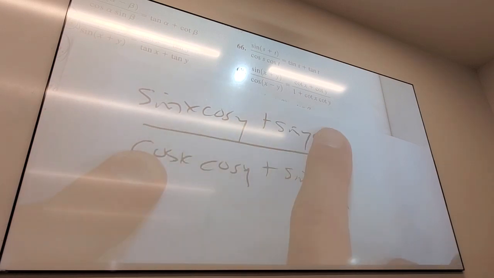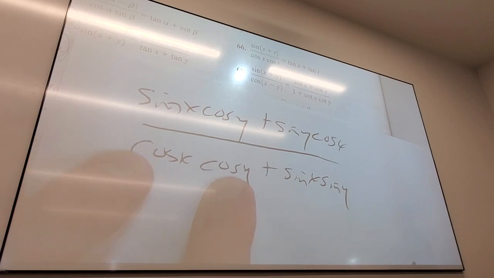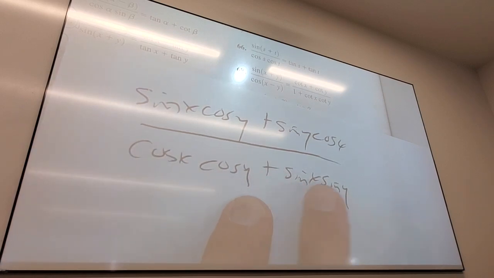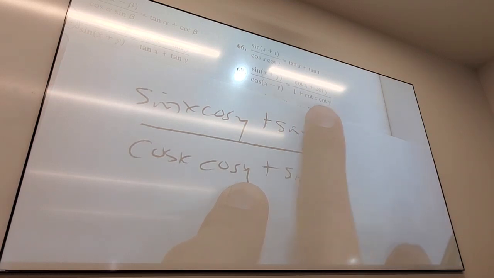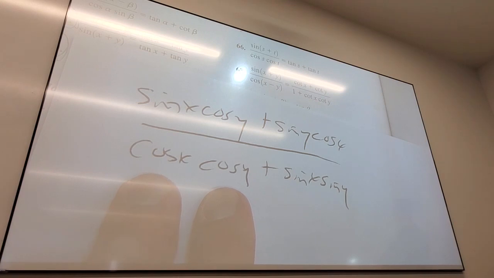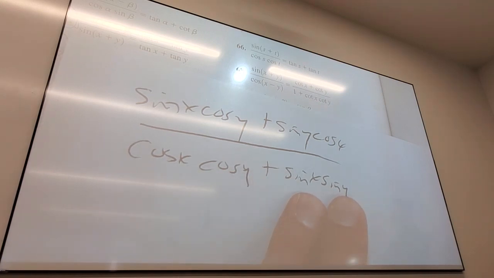So if I divide everything by cosine x, cosine y, there will be a 1 here, correct? But what would I make over here if I divide by cosine x, cosine y? I would make 2 whats? Sine x over cosine x, sine y over cosine y. I'd make 2 tangents. What am I supposed to have on the bottom? Cotangent. Alright, so instead of dividing by the cosines, I'm going to divide by the sines.